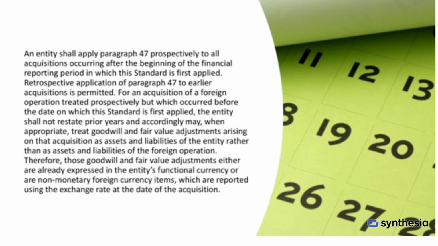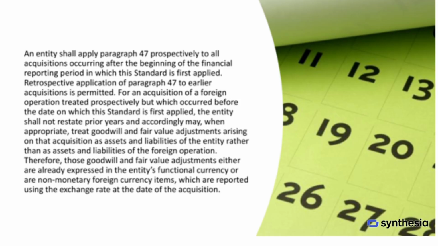An entity shall apply paragraph 47 prospectively to all acquisitions occurring after the start of the financial reporting period in which this standard is first applied. Retrospective application of paragraph 47 to earlier acquisitions is permitted but not required. For an acquisition of a foreign operation treated prospectively, but which occurred before the date the standard is first applied, the entity shall not restate prior years.